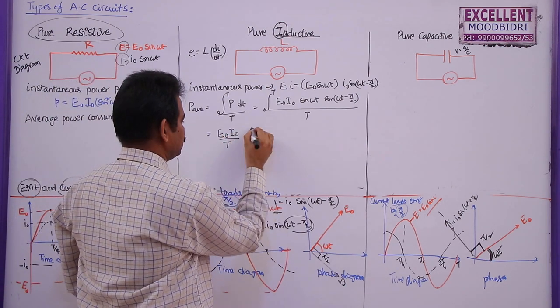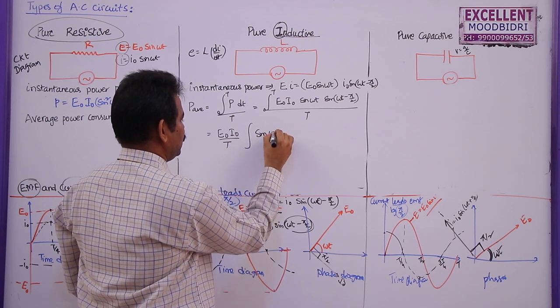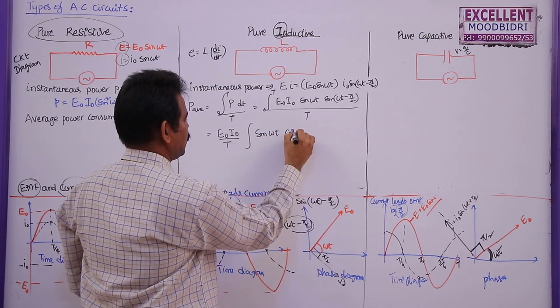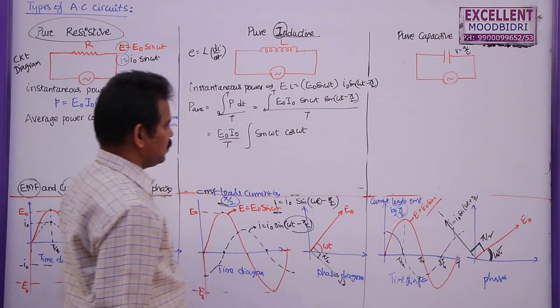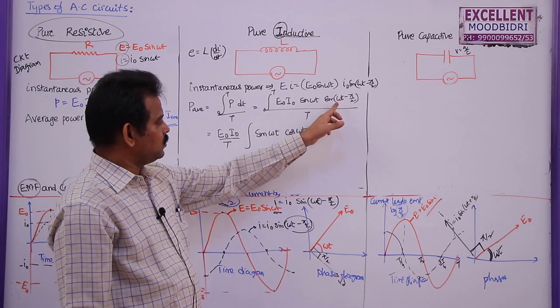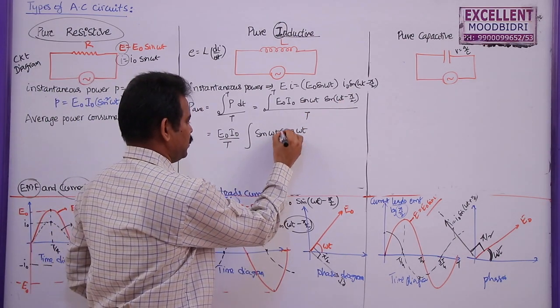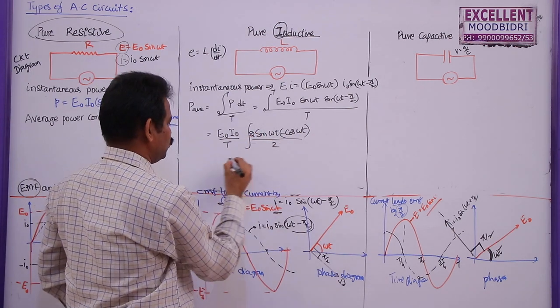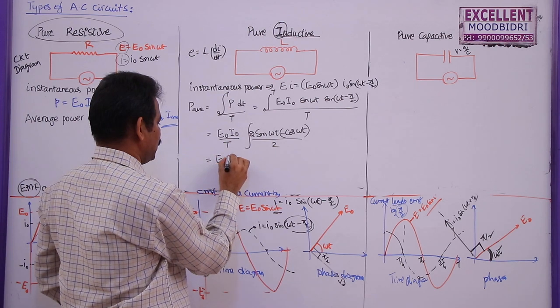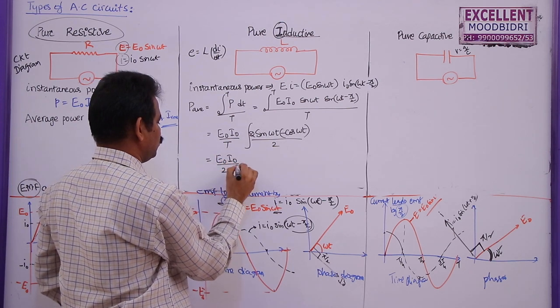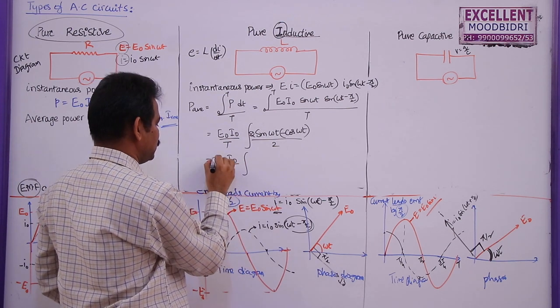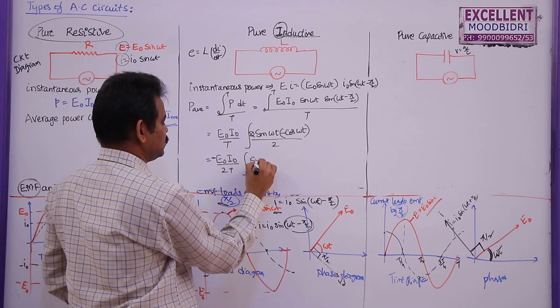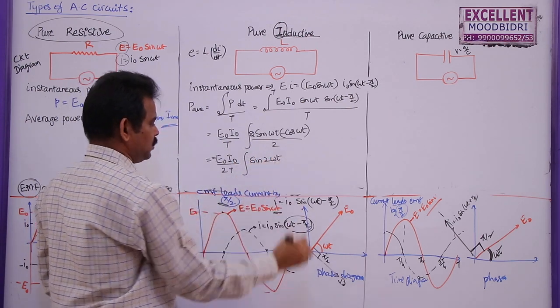This can be written as integral of sine omega t cos omega t here. Sine of 90 minus theta is cos, but this is minus cos omega t. Multiply this with 2, divide with 2. You can write this as E naught I naught by 2T. Minus is also common here. This is sine 2 omega t.